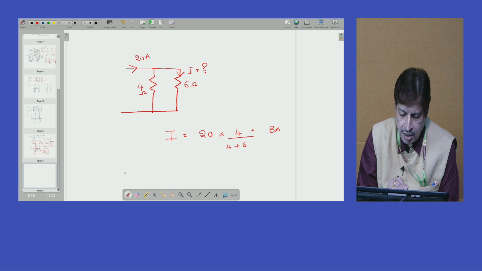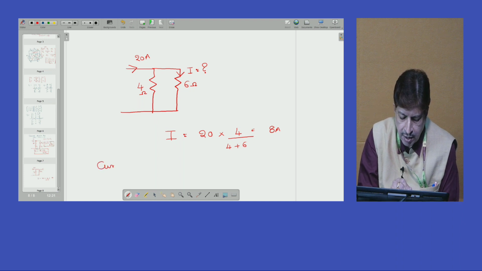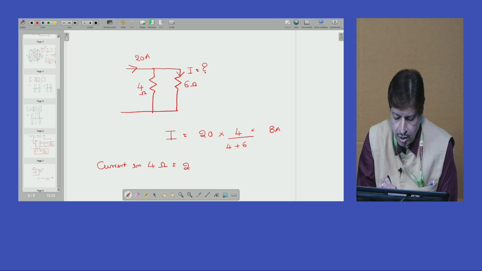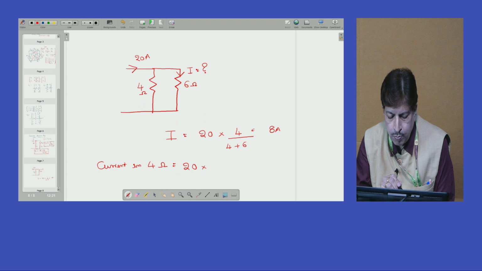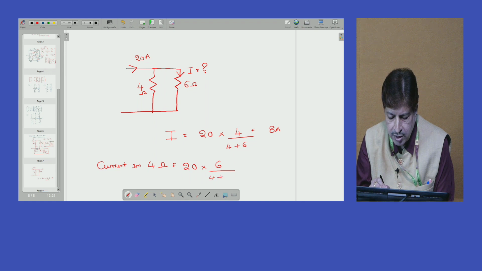Similarly, if I want the current in 4 ohms, how to get it? It is total current into the resistance opposite or parallel to 4 ohms, which is 6 by 4 plus 6, that means 12 amperes.